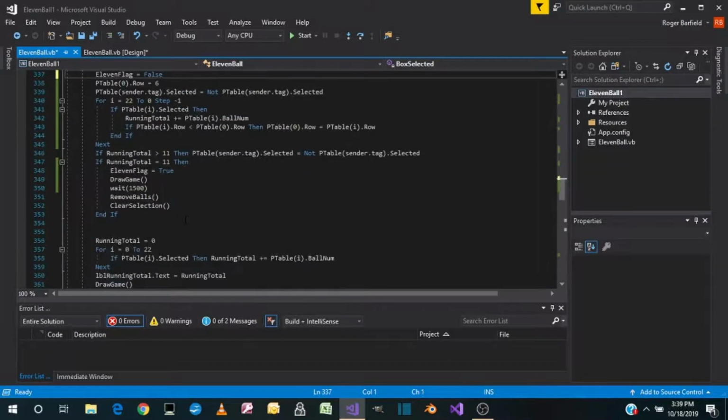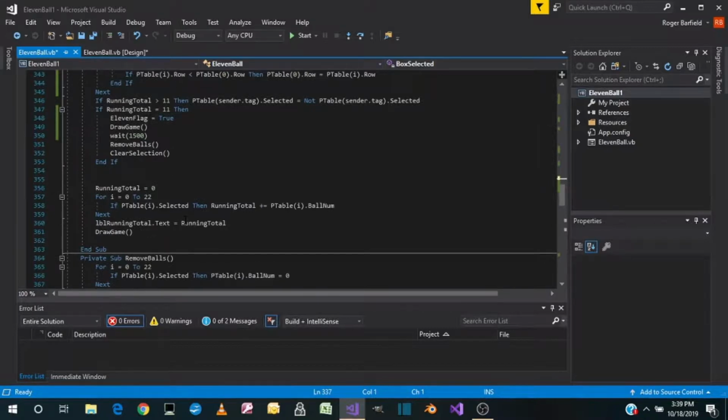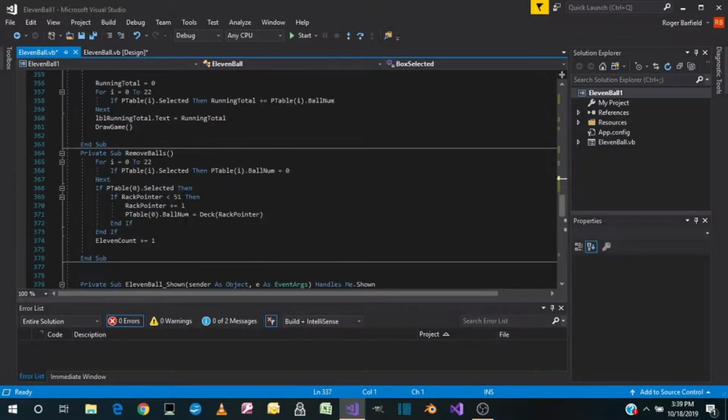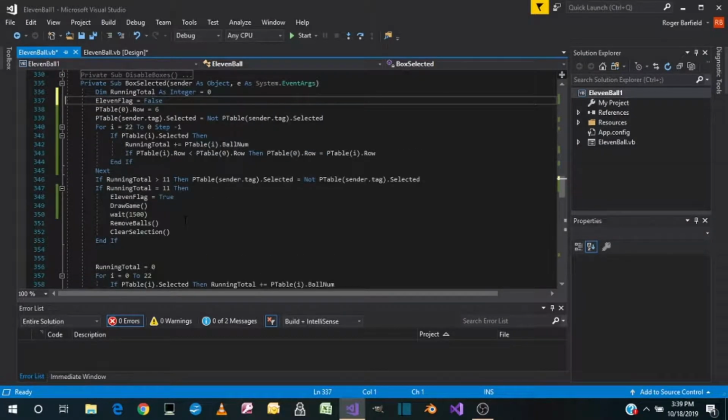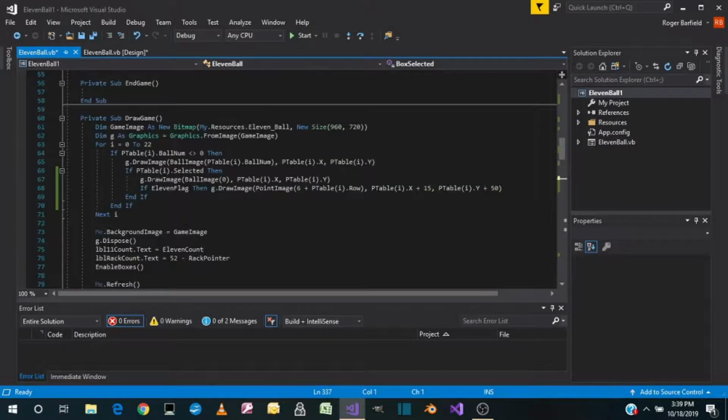That's not on the box selected. That should be on. Let me think about this. We need to go ahead and do that up here in the draw game.